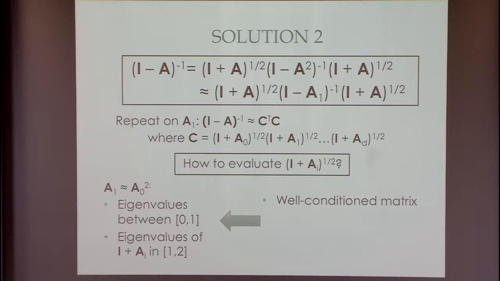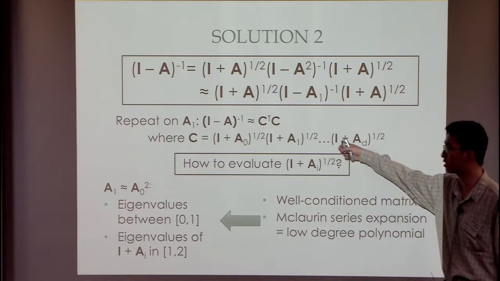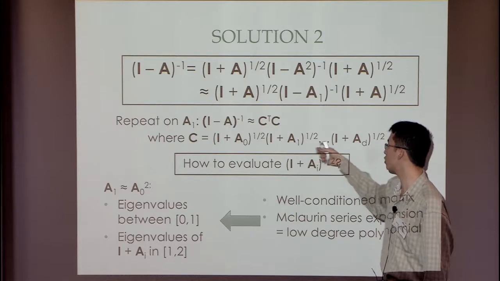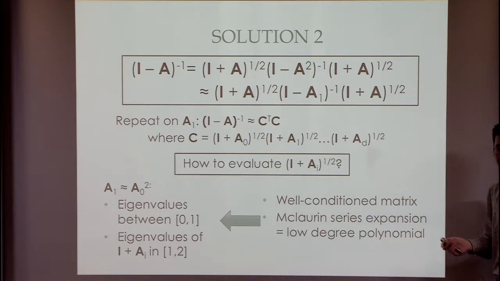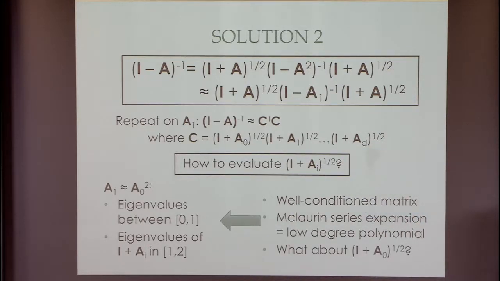So you can take the Taylor expansion of the function you want to evaluate, formally the Maclaurin series expansion. You get a low-degree polynomial approximating everything after the first term. The problem still is, what about the first term? We still need to take the square root of the first term as well.